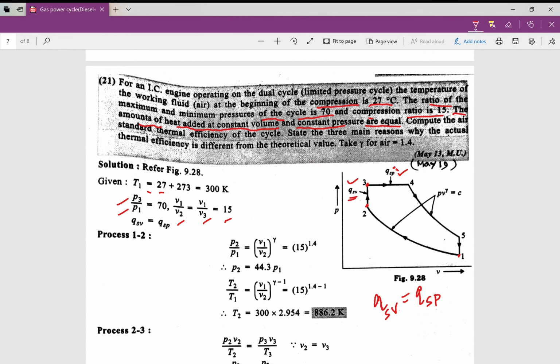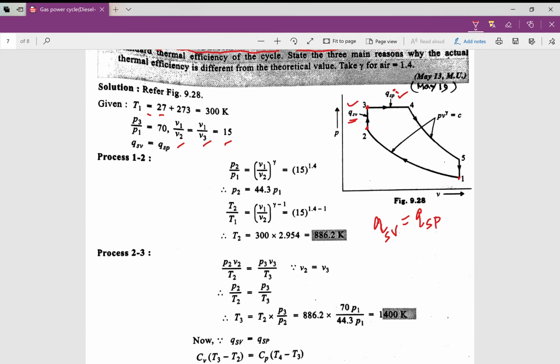So dear students, now process 1-2, to get the temperature at point 2. Let us apply this important equation. V1 upon V2 is already given as the compression ratio. We can calculate the value of P2 in terms of P1. At present P1 is not known to us, so here there is a trick in the numerical: first write down P2 in terms of P1.